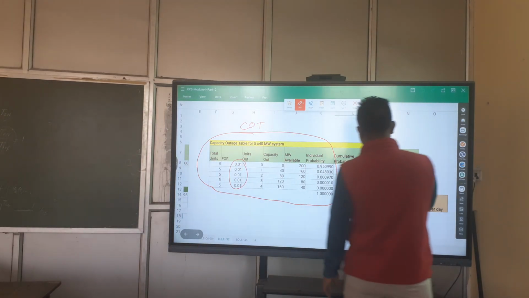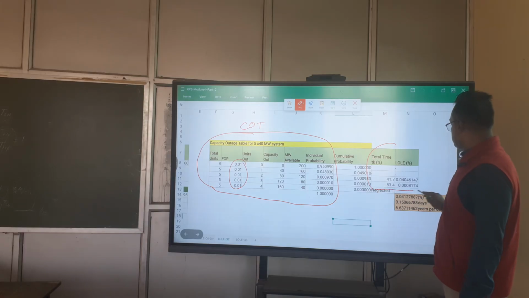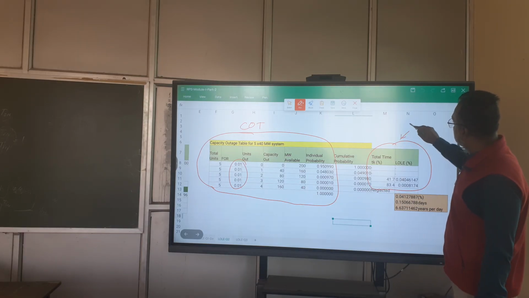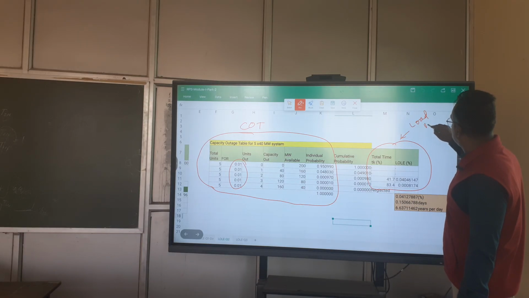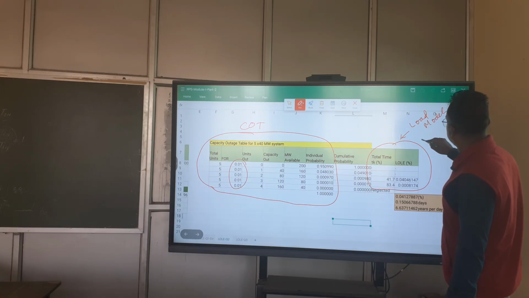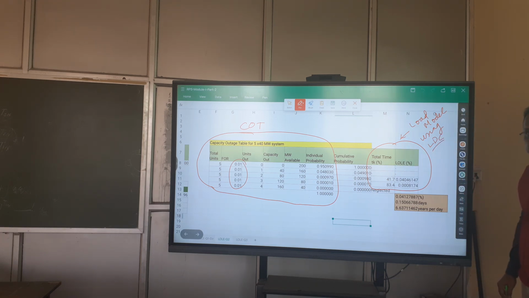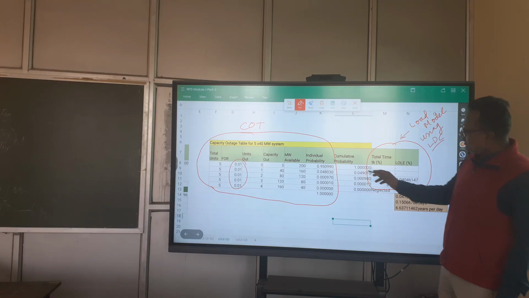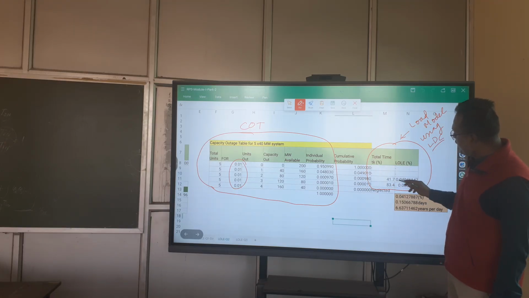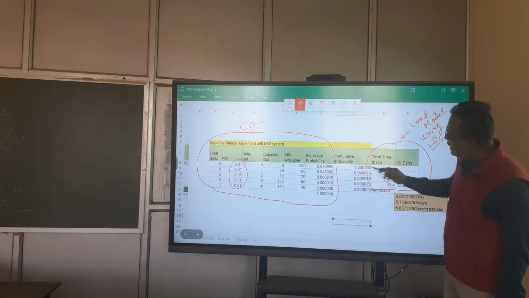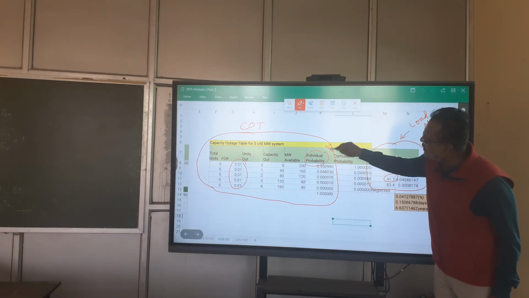Now this is the load model using LDC. As we said, these probabilities we will multiply with PK.